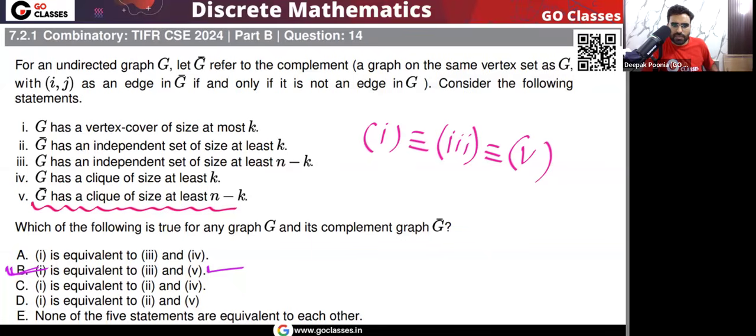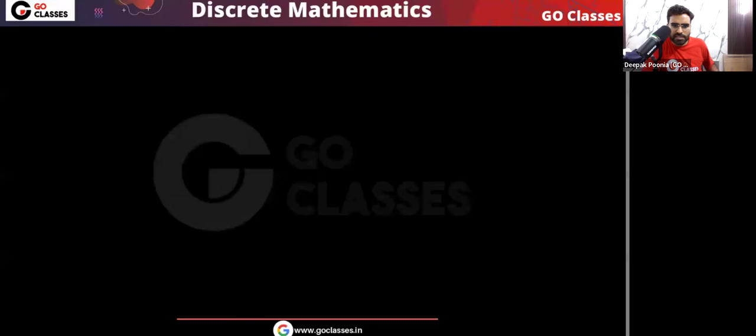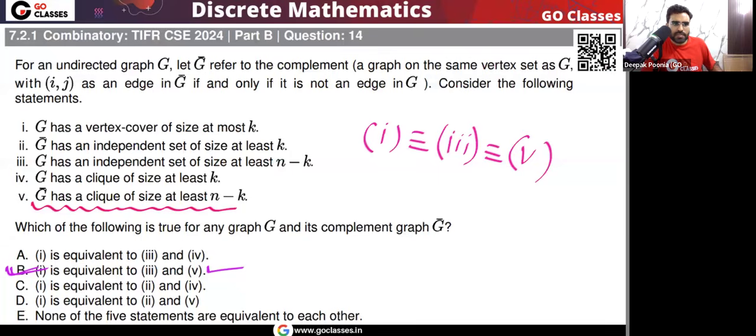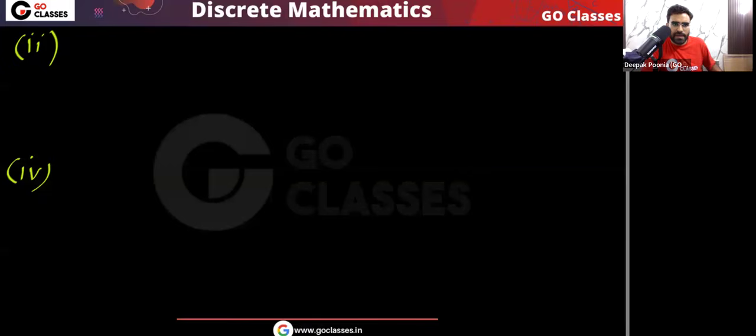Let's see the second and fourth statements. Are they equivalent? The second statement is saying G complement has an independent set of size at least k.